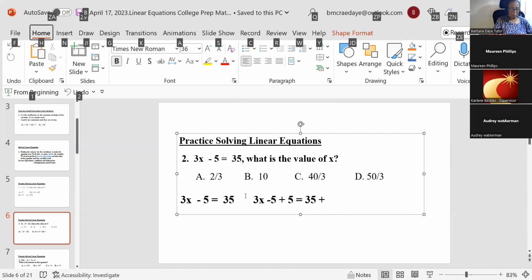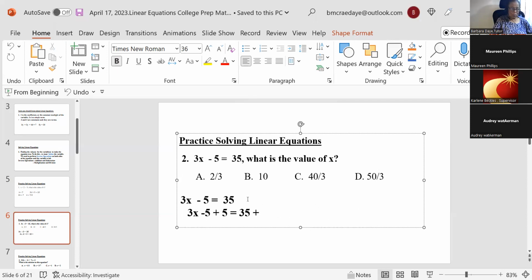Put that here, 35 plus 5. Okay, now what would that give you, Audrey? You get 40 on the right. What do you get on the left? You get 3x. Minus 5 and a plus 5 is what, Audrey? 0.